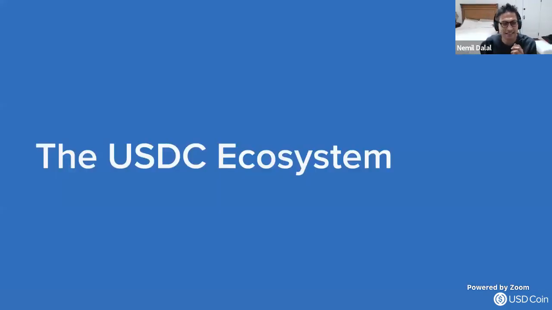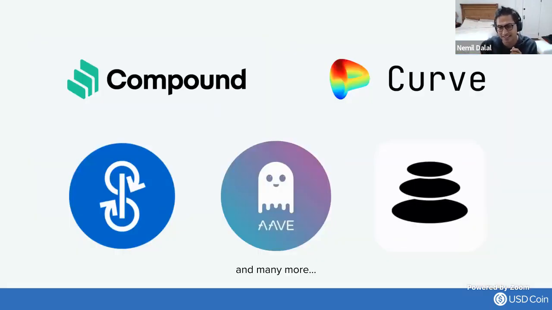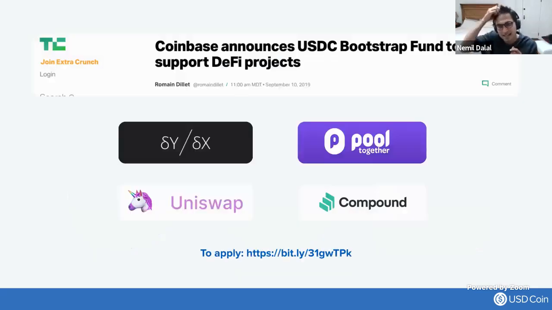The core part is that a number of different teams are building on top of USDC. If you go to the next slide, a lot of the protocols that we use each and every day all use USDC. The main plug I would give here, for anyone who's building on Ethereum on USDC, is that Coinbase has a USDC bootstrap fund.